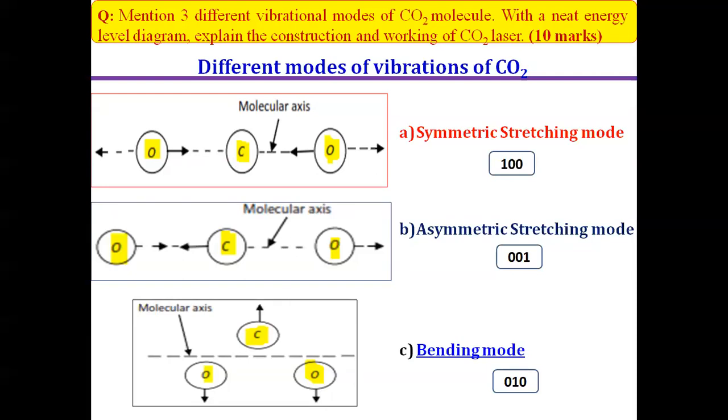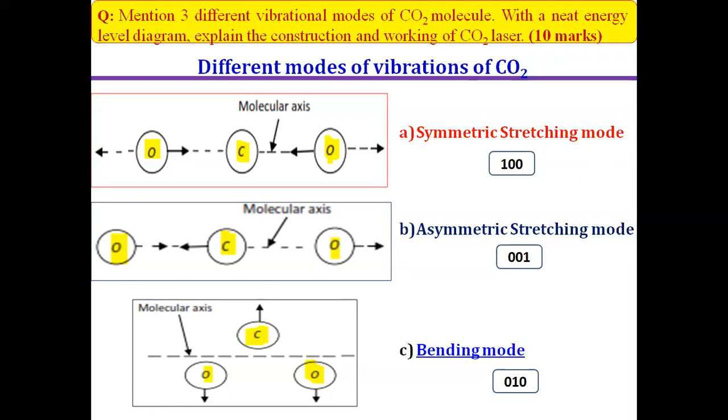Usually, carbon dioxide vibrates in three modes, and the three different modes correspond to three different energy levels of the carbon dioxide molecule. The first mode of vibration is known as the symmetric stretching mode, and spectroscopically it is known as 100. I will not explain the meaning of the spectroscopic notation 100.